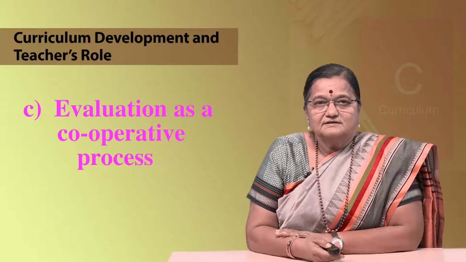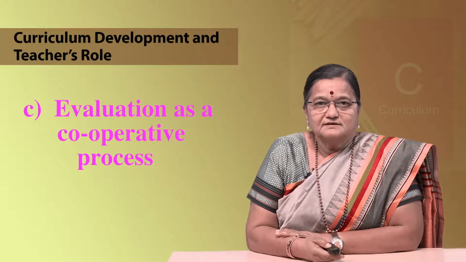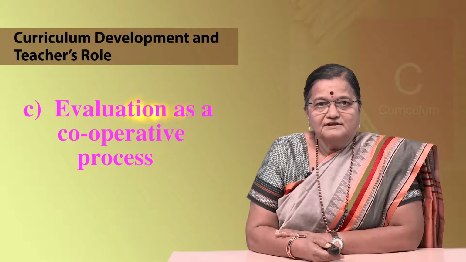Number 3, evaluation as a cooperative process. The teacher must ensure that evaluation is carried out in consultation and with the involvement of all stakeholders: other teachers, students and parents.